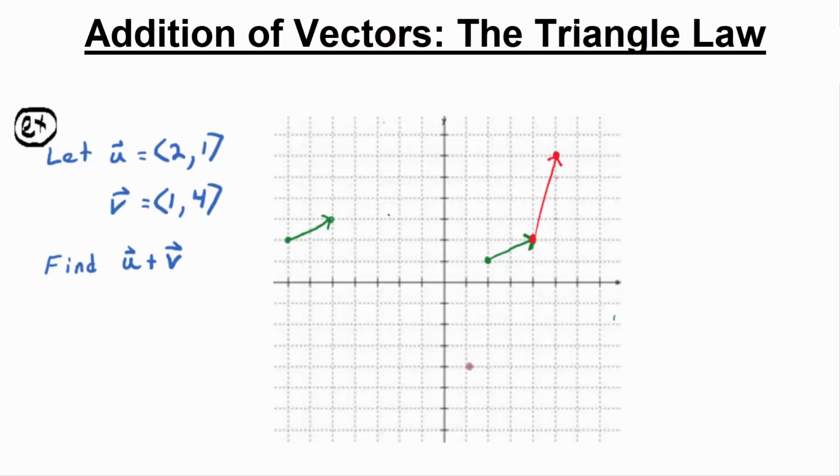And then it turns out you get u plus v by drawing an arrow from the tail of u to the tip of v. So look at the vector in green, look at its beginning point, the tail, and draw an arrow from that to the tip of the vector in red.